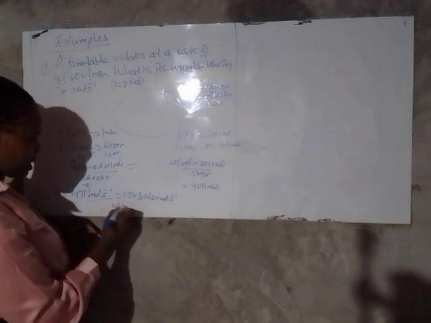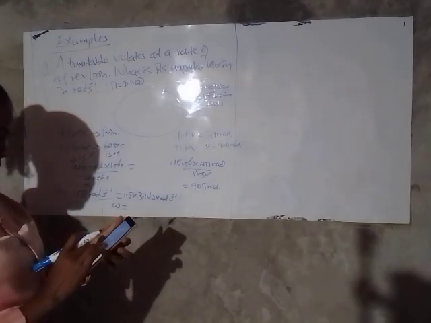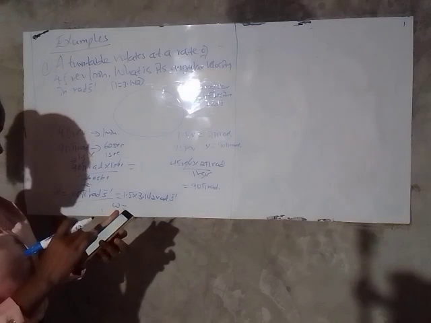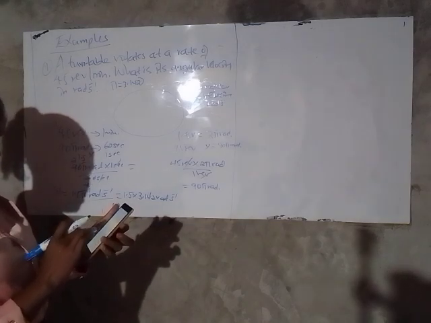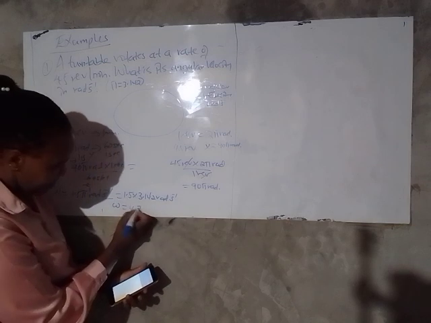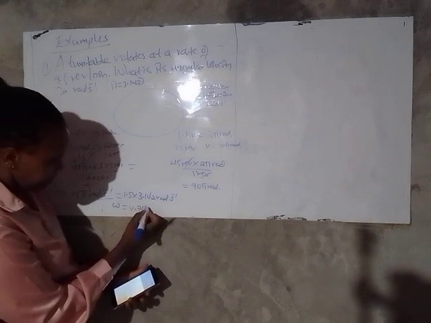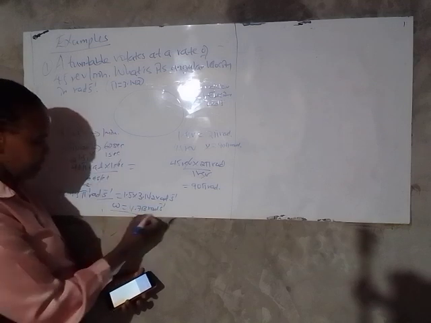So omega equals 1.5 times 3.142, which is 4.713 radians per second. Okay, that's our answer.